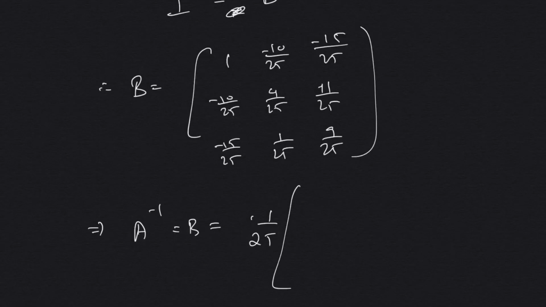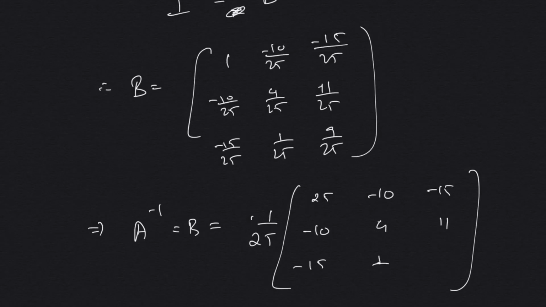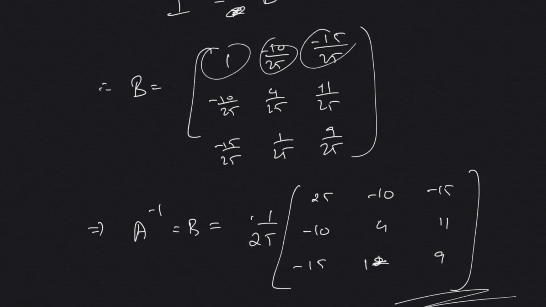In other words, I'll take 1 by 25 common from all the elements. So that will be 25, minus 10, minus 15, minus 10, 4, 11, minus 15, 1, 9. So that will give our inverse.